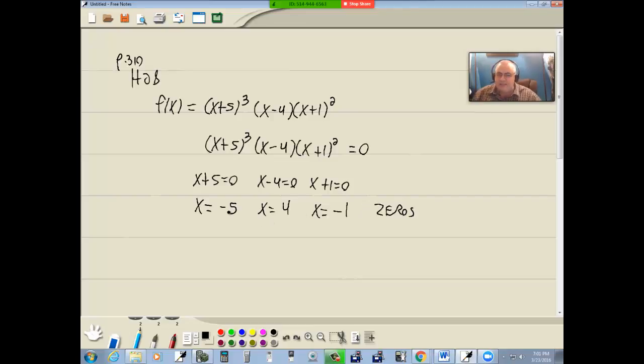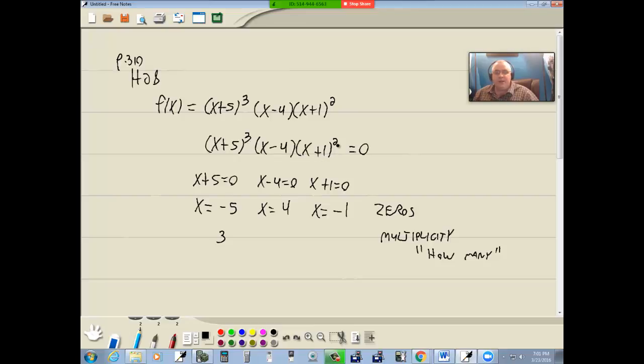And what that means is if I plug any one of these back into my original function, that'll cause that to equal 0. Now the second thing it's asking for is the multiplicity. Multiplicity basically means how many of them. Well, remember we had x plus 5 to the third power. This power here tells us how many we have. So that means we got 3 of these because our power is 3.